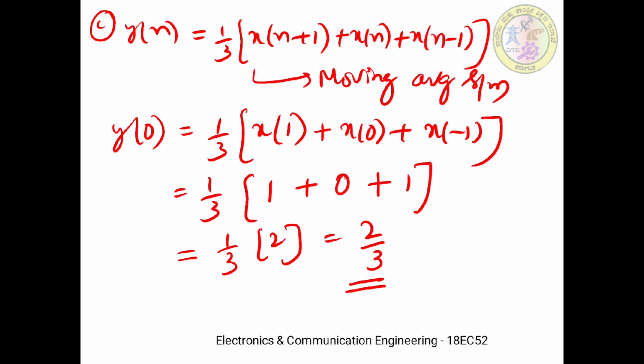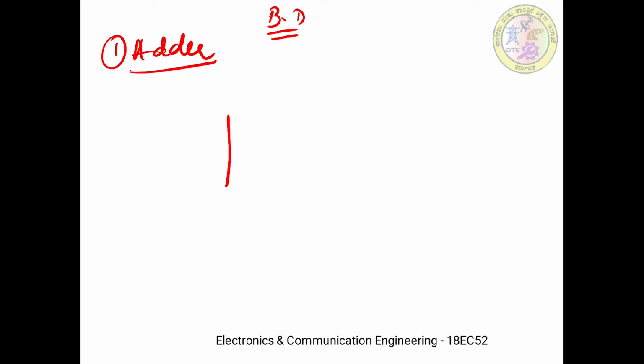Now let us take the block diagram representation of discrete time systems. How is the block diagram representation for a DTS? In that, let us take the first example, an adder. In an adder system, I have two inputs, one is x1 of n and the other one is x2 of n.